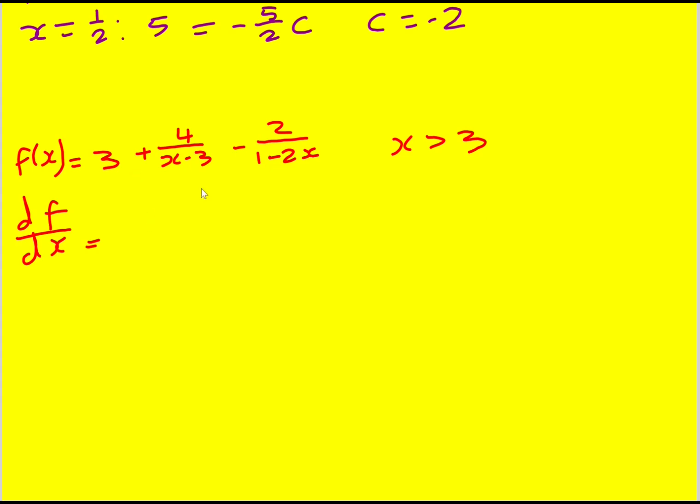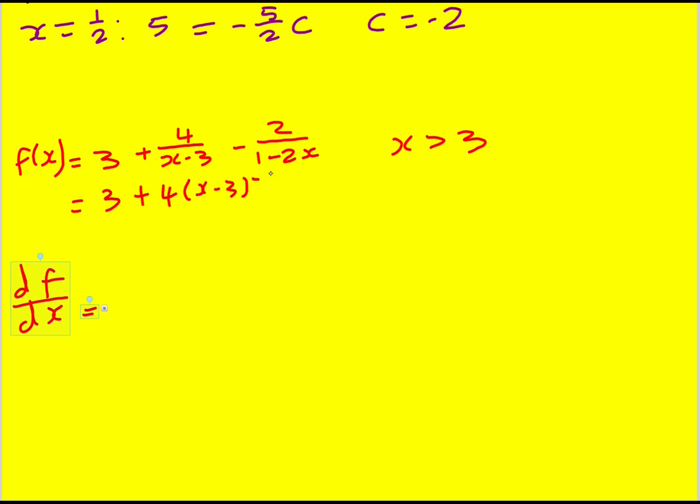I should first of all just write it as powers, I think. So 3 plus 4, x minus 3 to the minus 1, minus 2, 1 minus 2x, all to the minus 1. Then when I differentiate, I will bring the power down, so I'll get minus 4, x minus 3 to the minus 2.